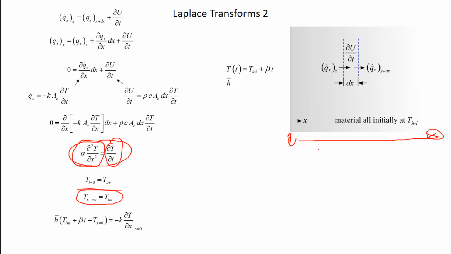My boundary condition at 0 is just obtained using an interface energy balance. So if I draw a control surface just on this side of the interface and another one just on this side of the interface, what's going in here is convection. So that is h times T infinity minus T at x equals 0. And then what's leaving the other side in the positive x direction is conduction. So that's my second boundary condition.